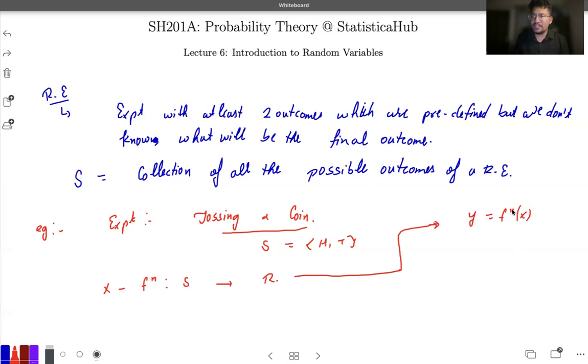You introduce the variable x and you get the value of this function at the value x, and you get a value of y.